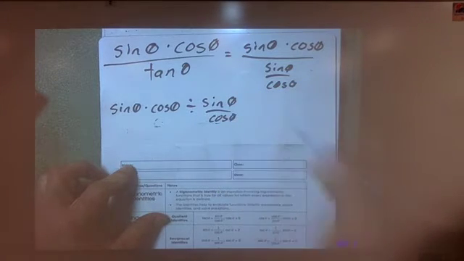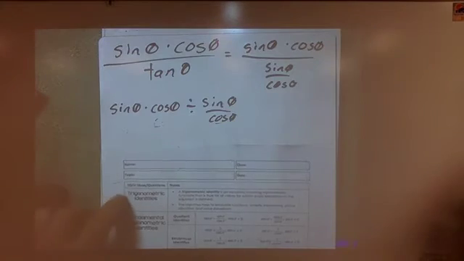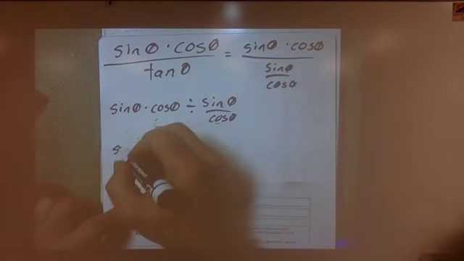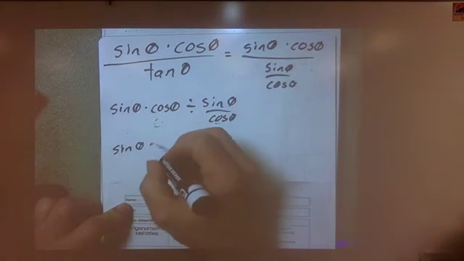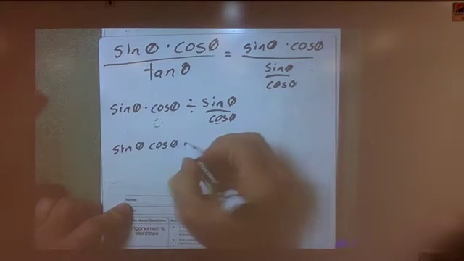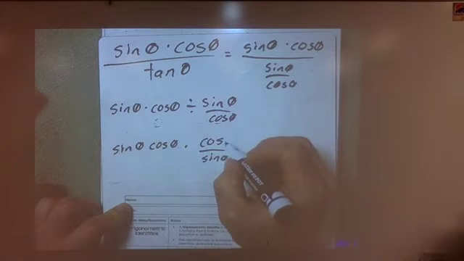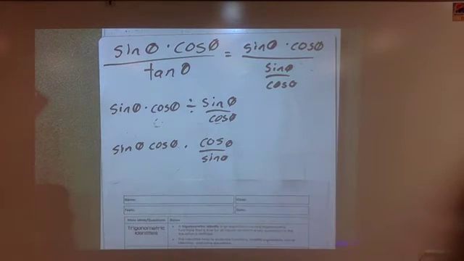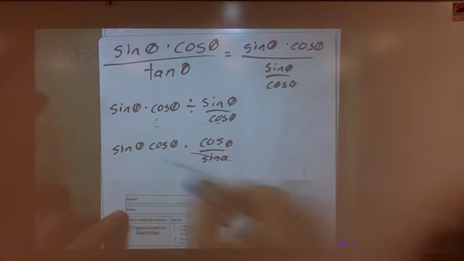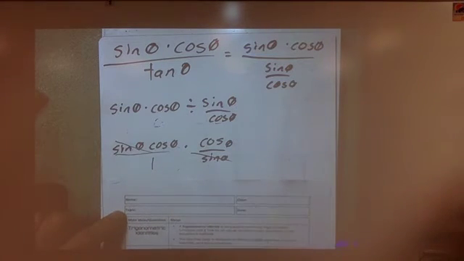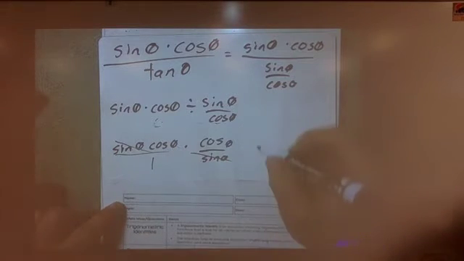When you divide a fraction, you flip it and multiply. So this is actually sine theta cosine theta times cosine over sine. Now we can cancel out our sines, because remember this is like over 1. It's the cross canceling again. So we're just left with 2 cosines being multiplied together in the numerator.